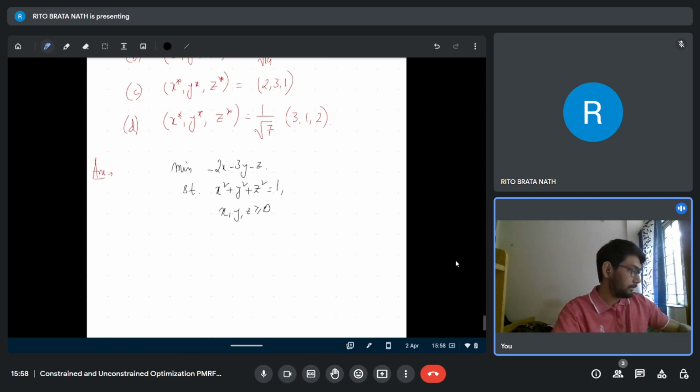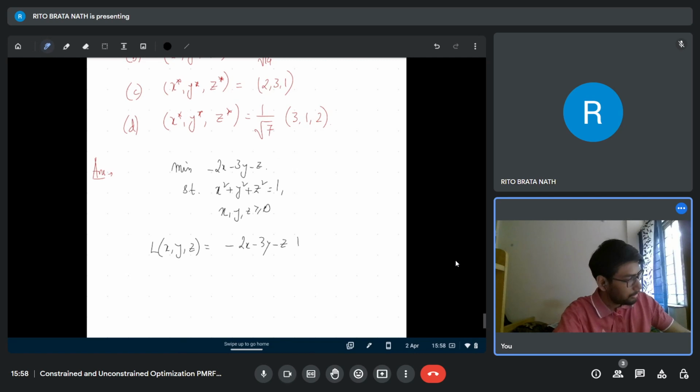Put everything together with a Lagrange multiplier. The Lagrange function is minus 2x minus 3y minus z plus lambda times 1 minus x squared minus y squared minus z squared.